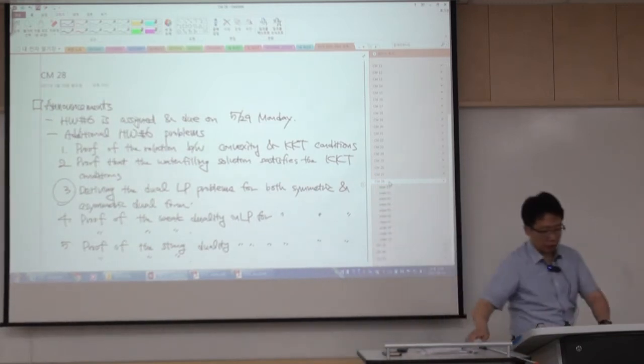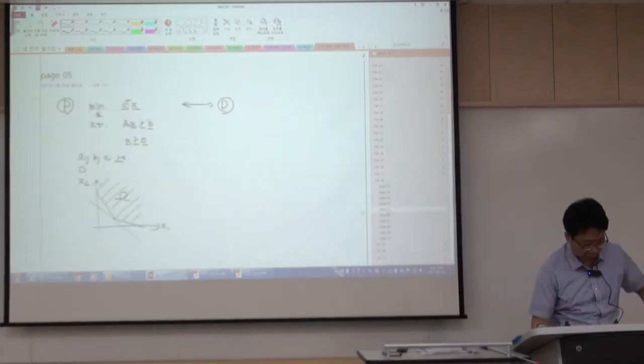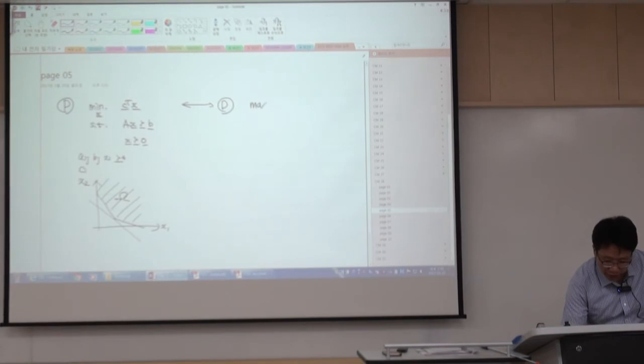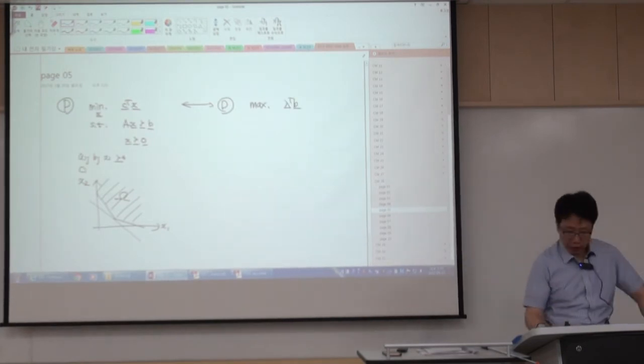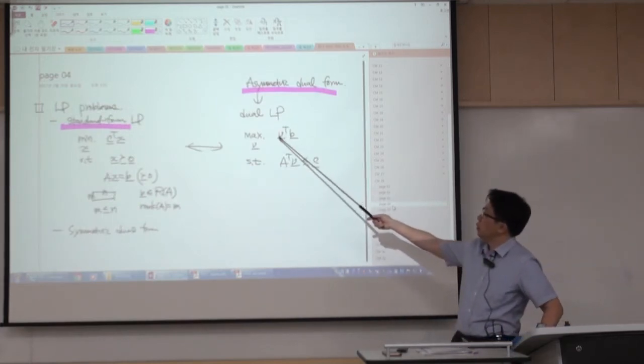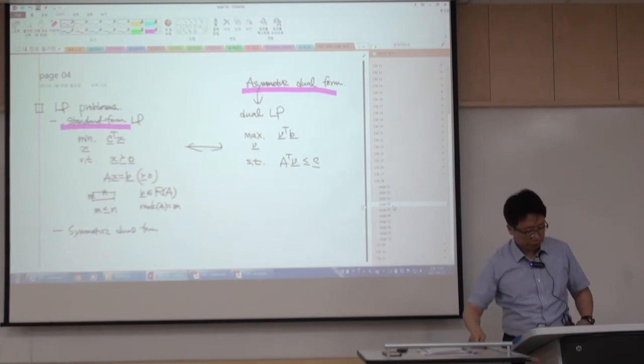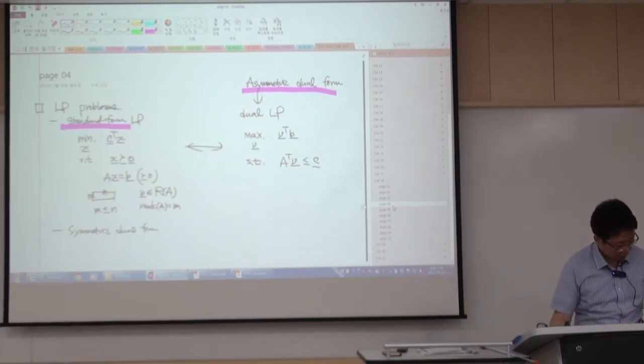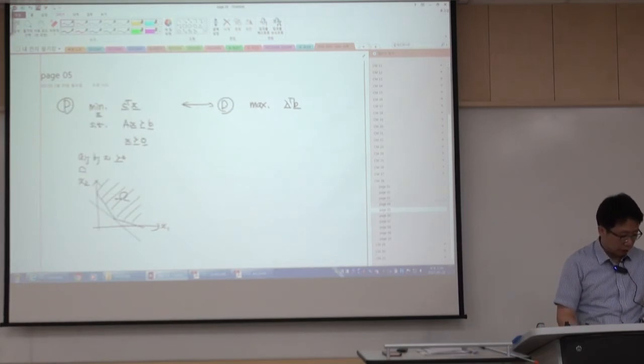But the result is very simple and looks like this. You maximize lambda transpose b. This is the same as in your asymmetric form, but there it was nu transpose b and here you have lambda transpose b.